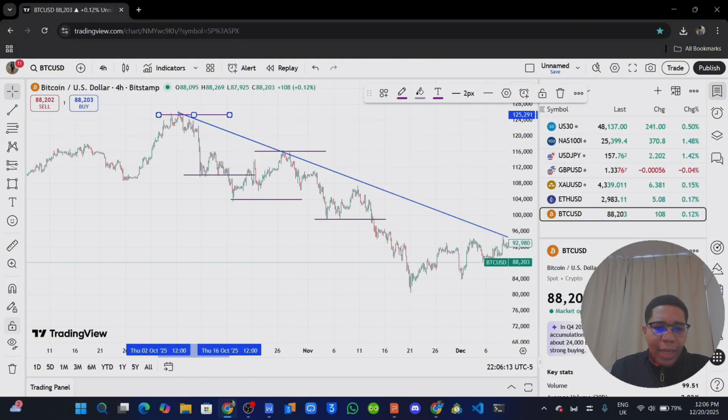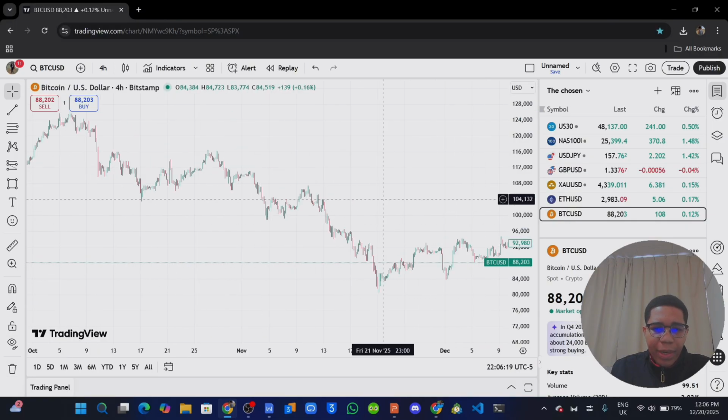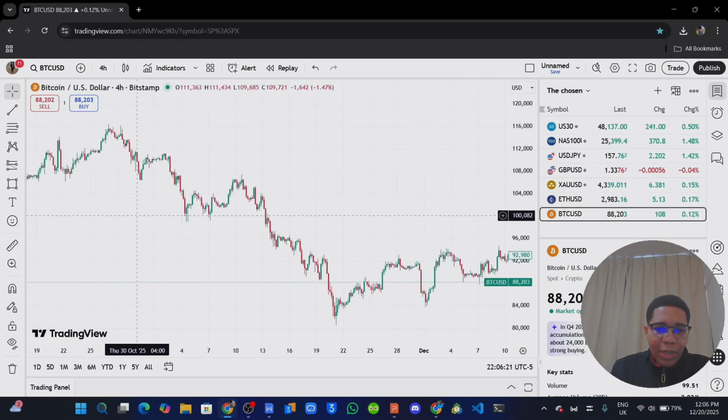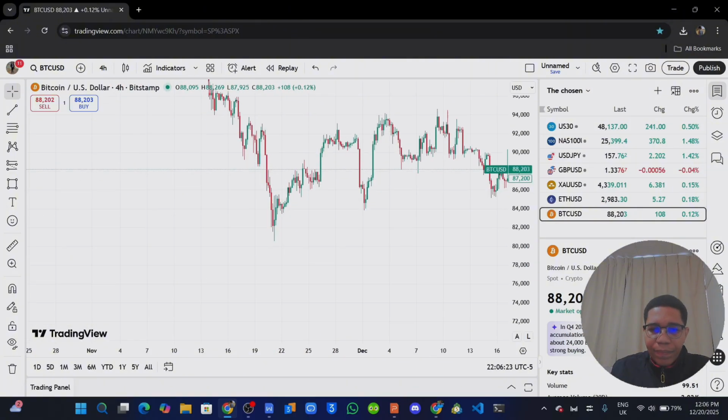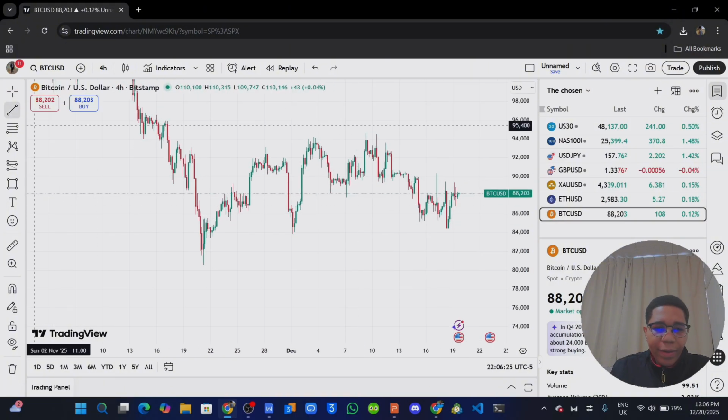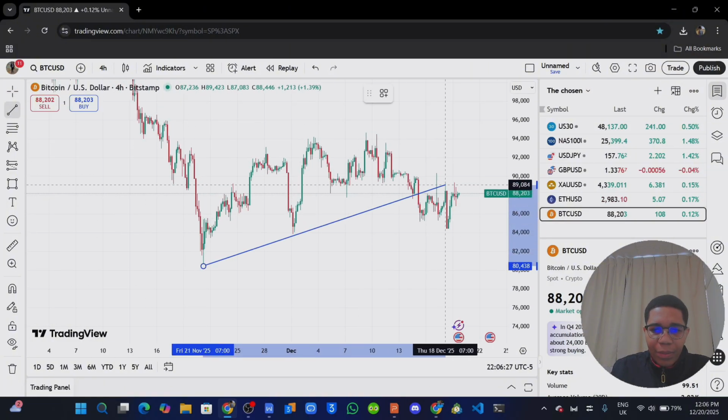Okay, so then how do we look at an uptrend? An uptrend is something like this, a momentary uptrend. Let's look at something like this going on here, right? Like an uptrend like this.